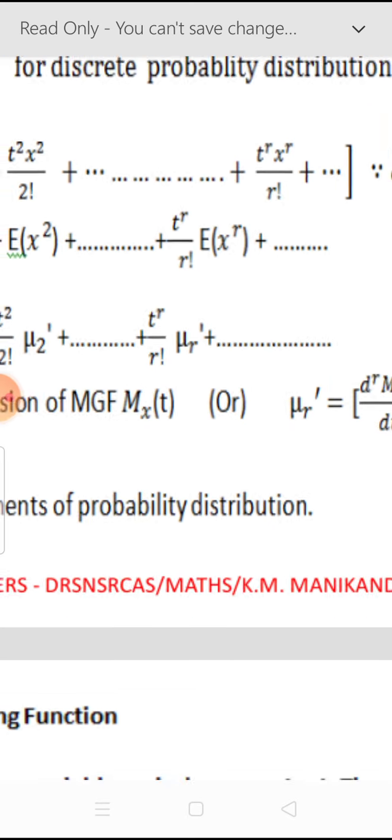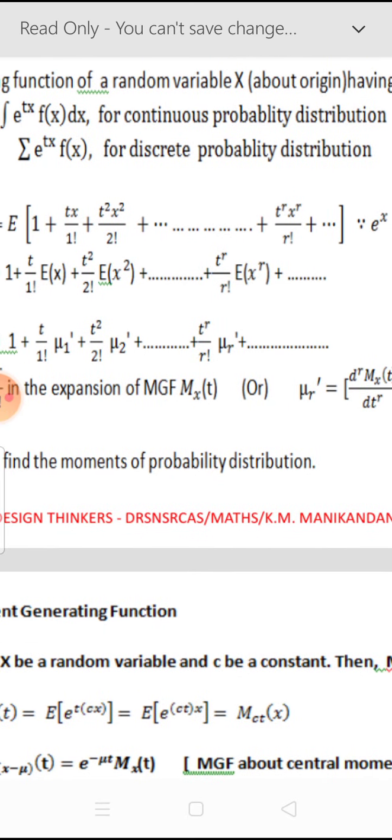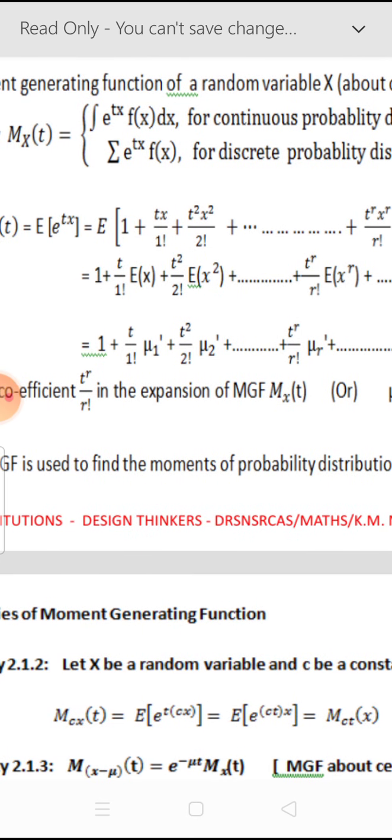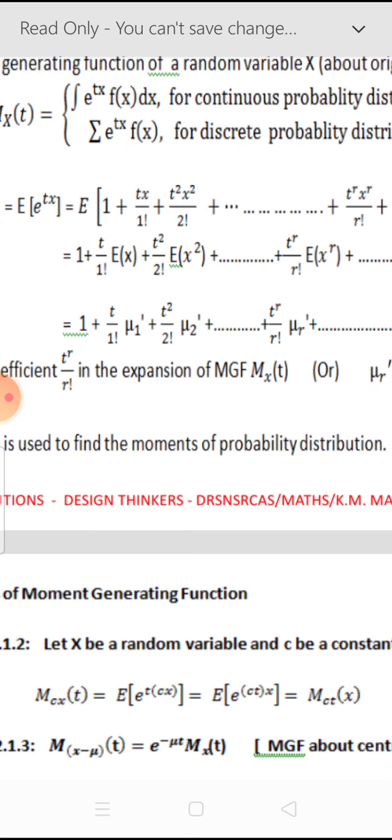So here we can see that the moment generating function is used to find the moments of the given probability distribution. Here mu1 dash, mu2 dash, mu3 dash are called the moments of the probability distribution.